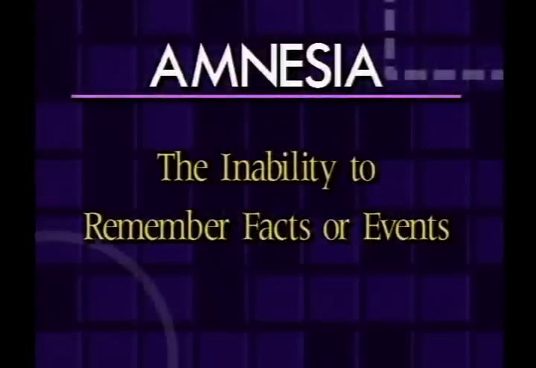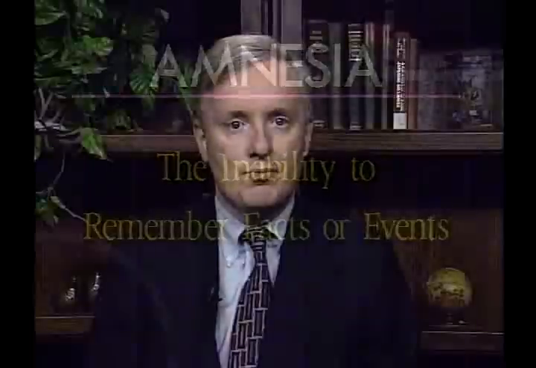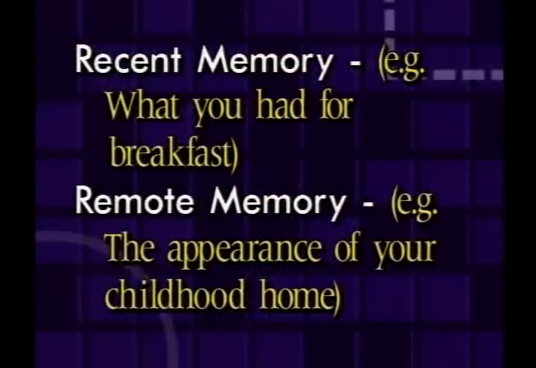Let's begin by talking about amnesia. What is amnesia? It is the inability to remember facts or events. Remember when we were talking in the brain functions section of this series, we said that there were 2 types of memory, recent and remote. Just to remind you, recent memory is what you ate for breakfast. It's things that happened 5 or 10 minutes ago.